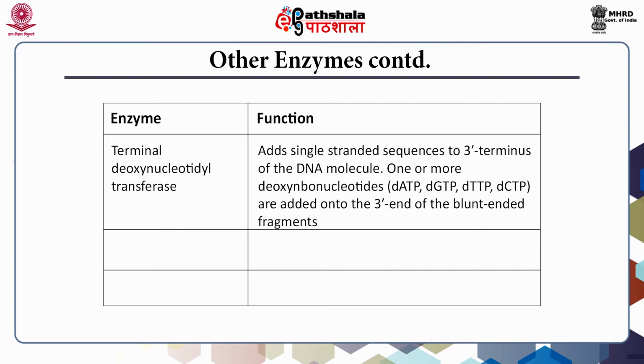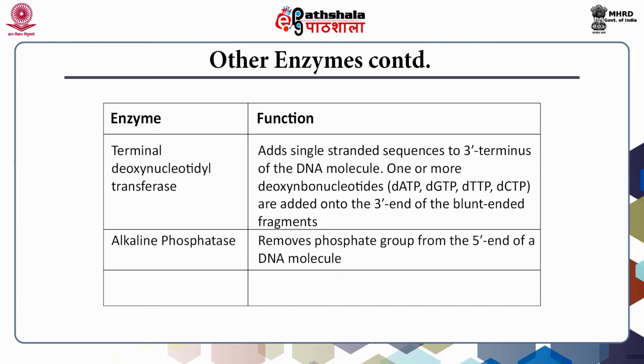One or more deoxyribonucleotides, for example dATP, dGTP, dTTP or dCTP, are added one by one to the 3' end of the blunt end fragment. Alkaline phosphatase removes the phosphate group from the 5' end of the DNA molecule. Polynucleotide kinase adds a phosphate group to the 5' end of a DNA molecule.